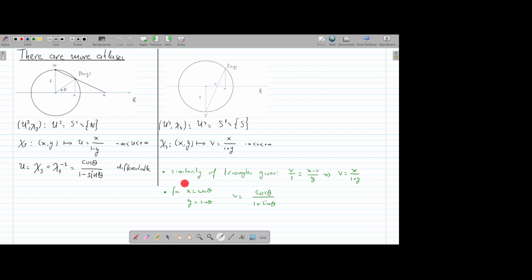Also, using the relation between theta and x and y, we can find the relation that connects theta to this new coordinate v. So we have the chart, the coordinate system defined by chi4, giving us the coordinate v, and we have a coordinate transformation from theta to v. So the transition function here can be easily seen to be differentiable.